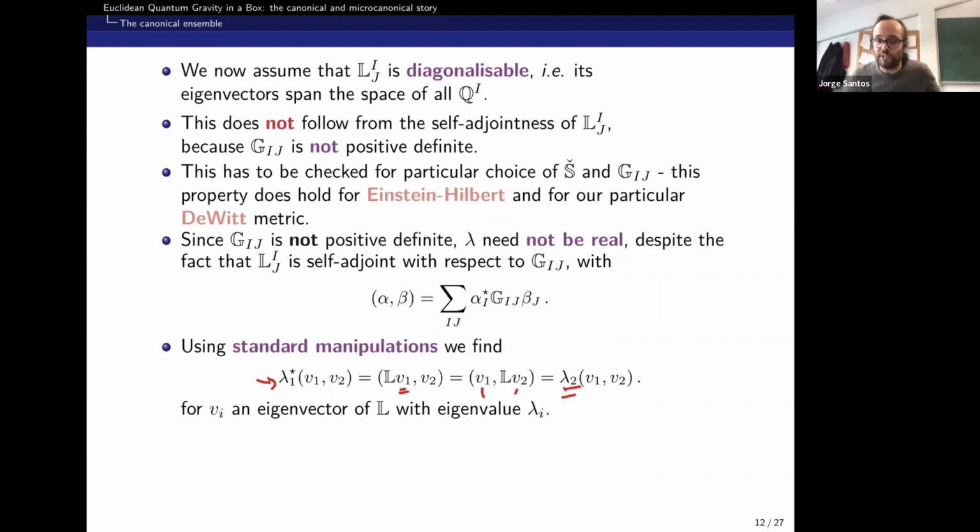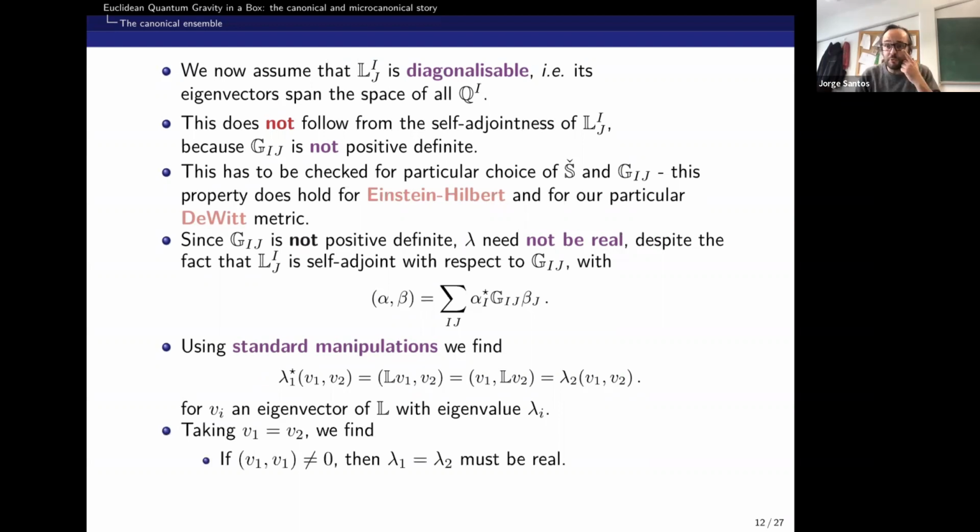This bit we all do in linear algebra, right? Good. Now take V1 equal to V2. Look at the first and look at the last. Well, there are two options. Either V1 is different from 0, and then it's true that lambda 1 star must be equal to lambda 2, which must be real, and we're good, because there's an equality of this with that.